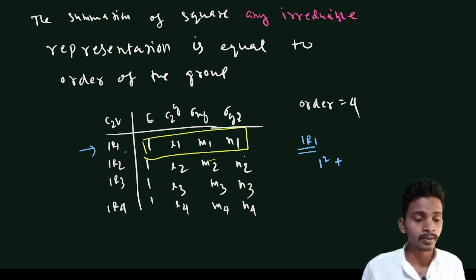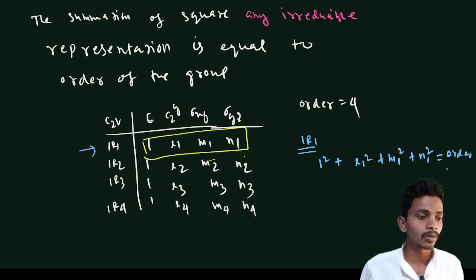For IR1, that is 1 square plus L1 square plus M1 square plus N1 square, which should equal 4.